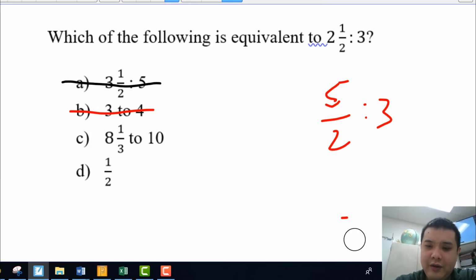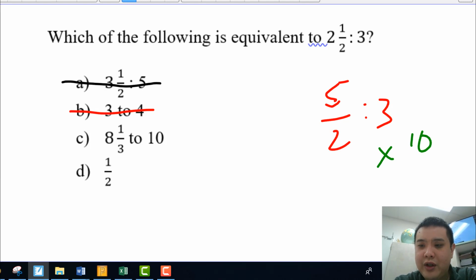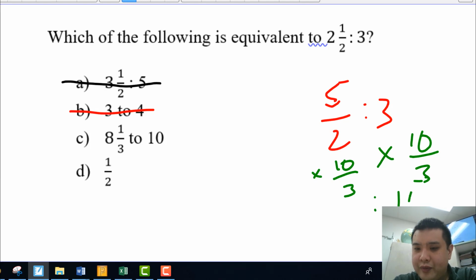Let's try C. Again, what do we have to multiply the 3 by to get 10? The answer to that is multiply it by 10 over 3, so the 3's cancel out. We get 10 left over times 10 thirds. And what we end up getting is 10 over here and 50 over 6 over here.